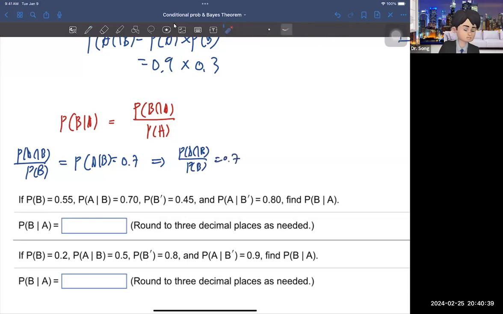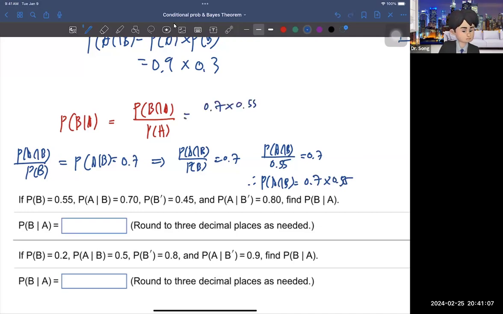So how about the left-hand side? This is the thing that we want to know. And probability B is given as 0.55. That means we have one equation, one unknown. Probability A intersection B over 0.55 is 0.7. That means that probability A intersection B equals 0.7 times 0.55. So we found the numerator, which is 0.7 times 0.55.